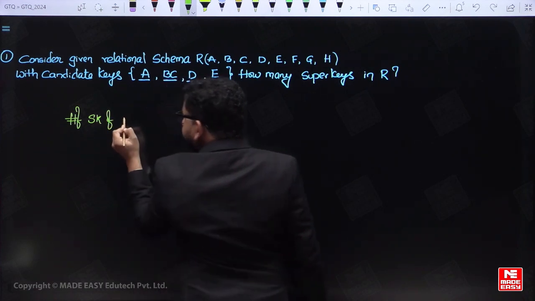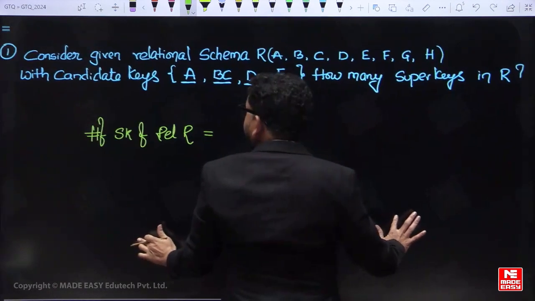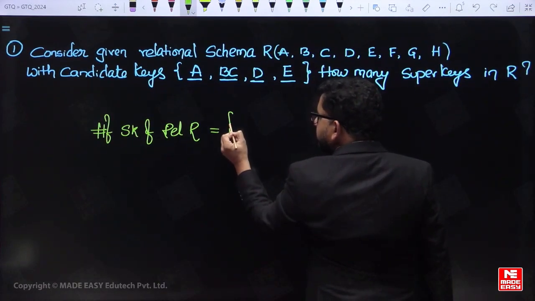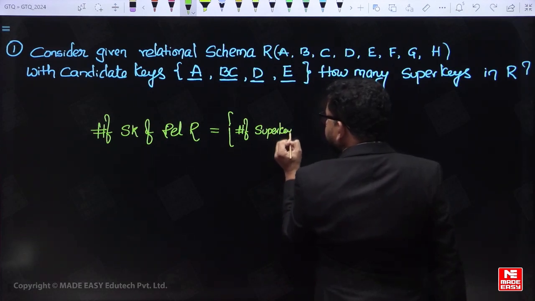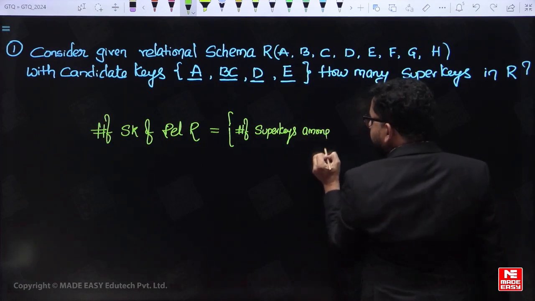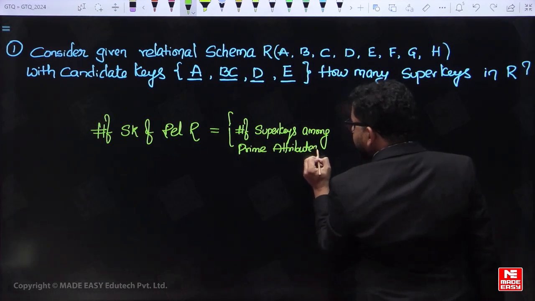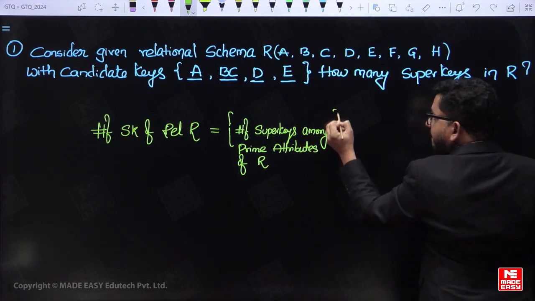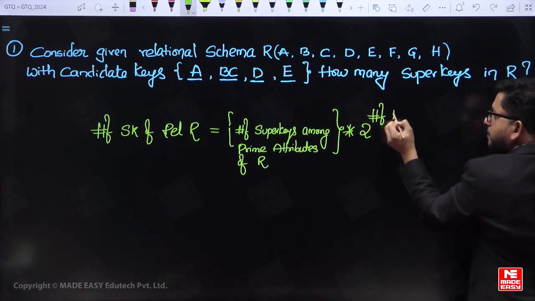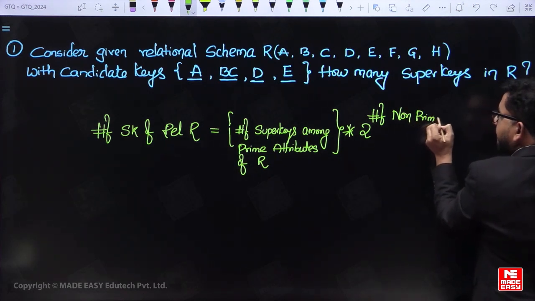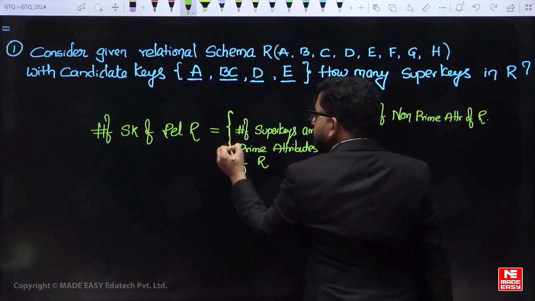Number of super keys of relation R, you can compute like this: number of super keys among prime attributes of relation R, multiplied with 2 power number of non-prime attributes of relation R. Like this we can compute the total possible super keys of the relational schema.